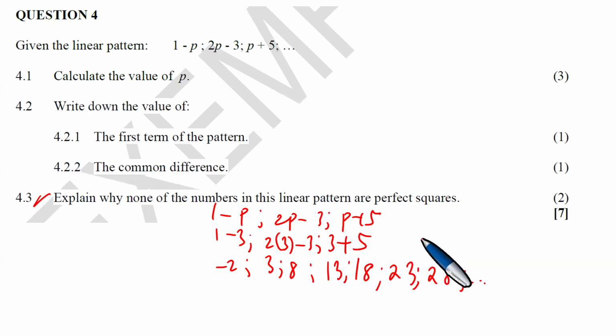But what then is the meaning of all this? And how can we explain that none of the numbers in this pattern are perfect numbers?